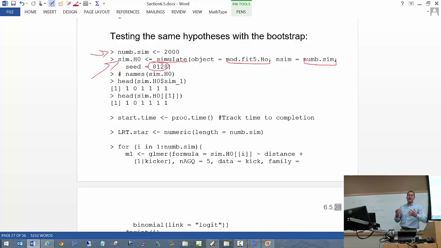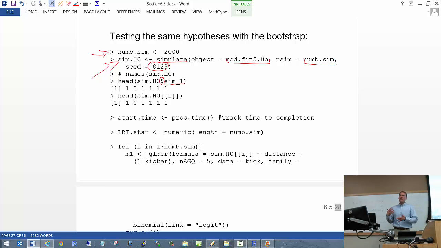Now the format of what's returned is a little bit odd. For the first simulated data set, I can extract it from sim.h0 by using a $ sign, sim_1. For the second data set, $ sim_2, and so on.